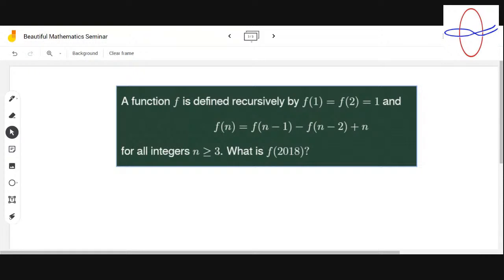Okay, it was really good. Yeah, I'm in college. Yep. Let's try out this problem.